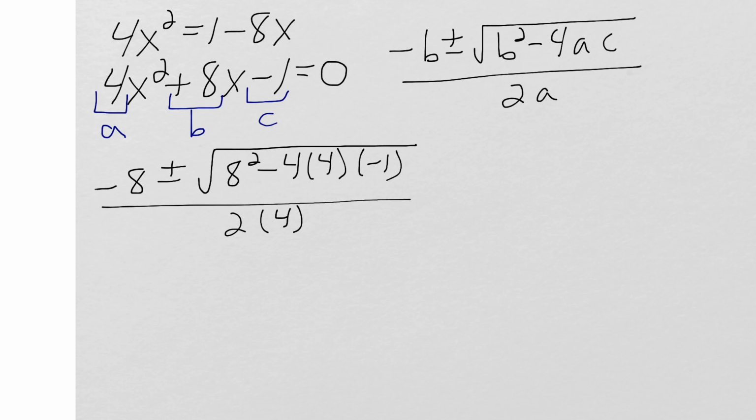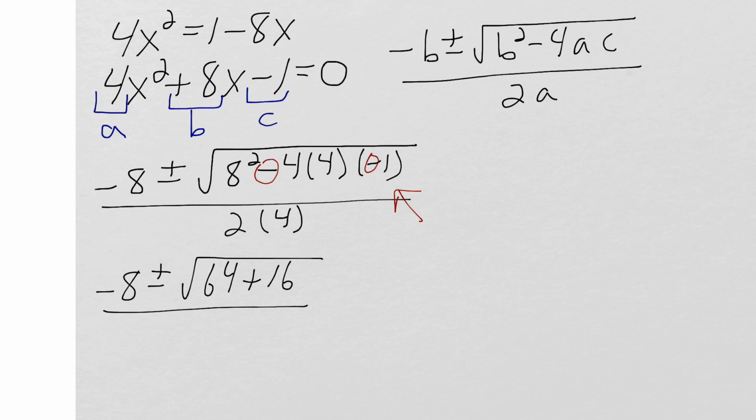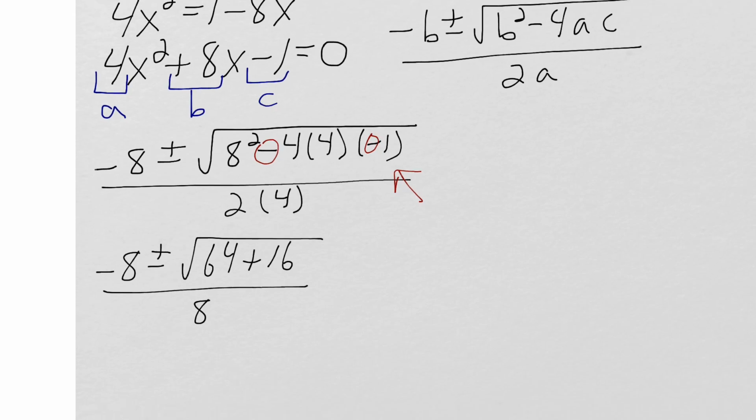Doing some cleanup on this, and again, mainly we start by cleaning up underneath the radical there. We get negative 8 plus minus the square root. Well, 8 squared is 64, but we have another double negative situation here. Multiplying a negative 4 times a 4 times a negative 1 is actually going to give us positive 16, and that's all over 2 times 4, which equals 8.